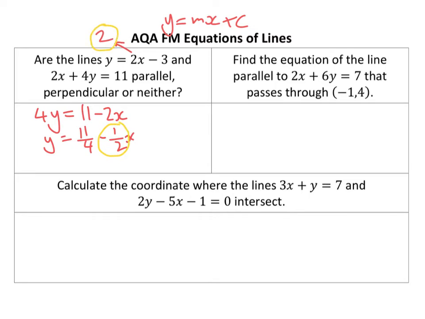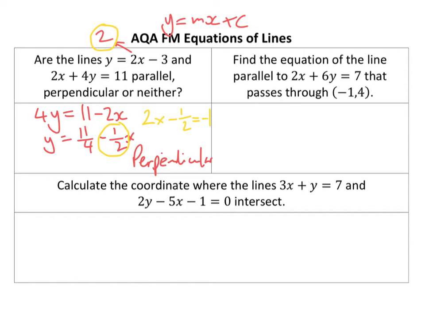If their product is -1, then they are perpendicular. So if I do 2 times -1/2, I end up with -1. Therefore, my answer is perpendicular. There you go. All right, so that's the first thing.